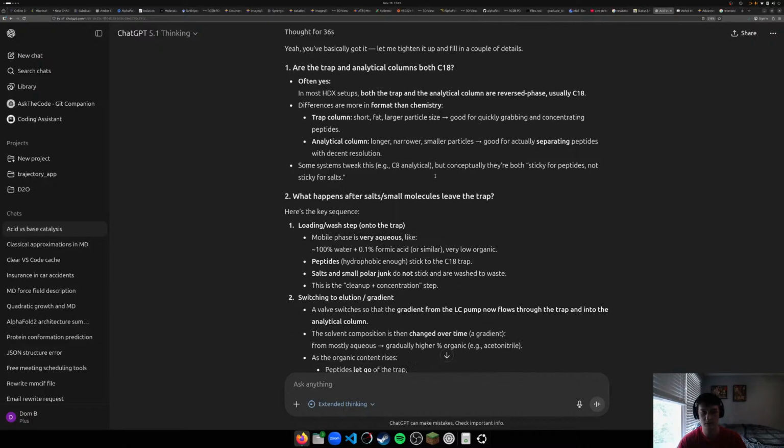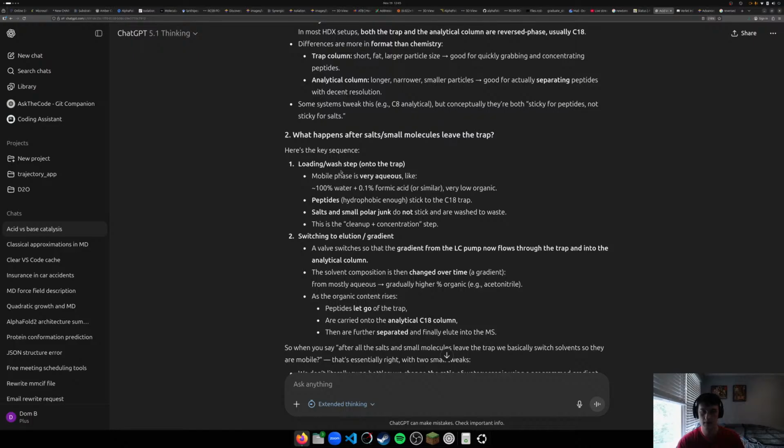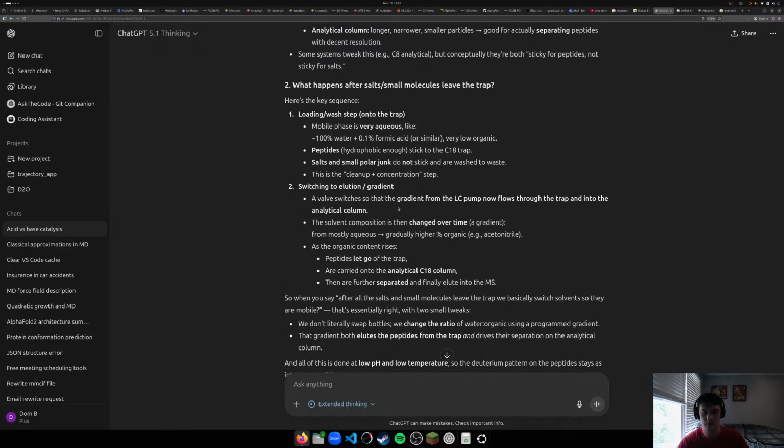What happens after salts leave the trap? The mobile phase is very aqueous, with very low organic, so peptides stick to the trap and salts do not stick and are washed away. The valve switches so the gradient from the LC pump now flows through the trap into the analytical column.